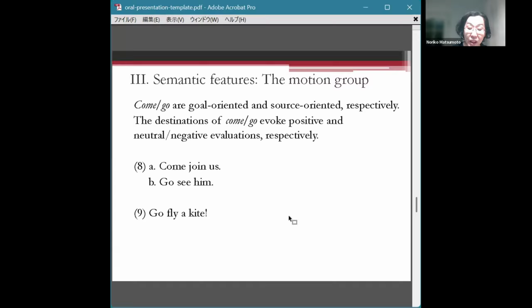This negative motive is closely related to the situation, which means the subject of the verb go is not at the deictic center as a normal state.